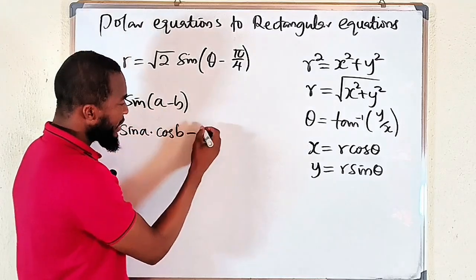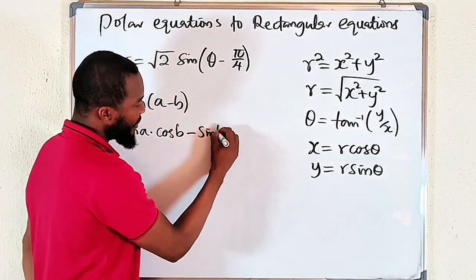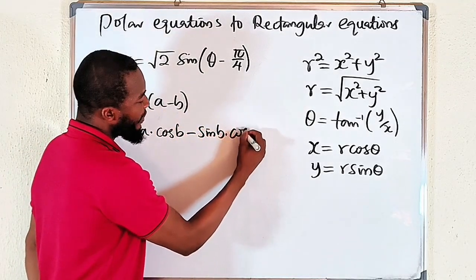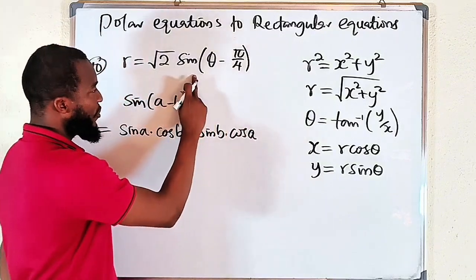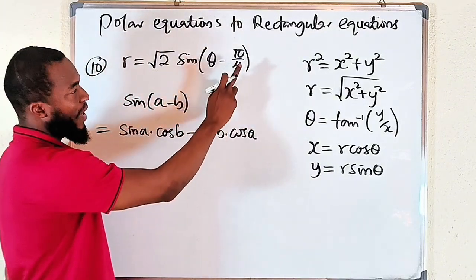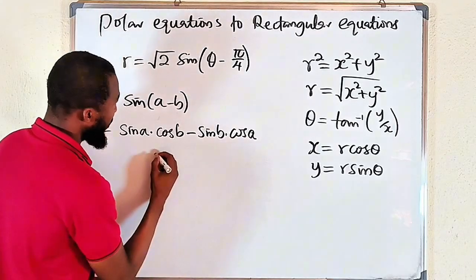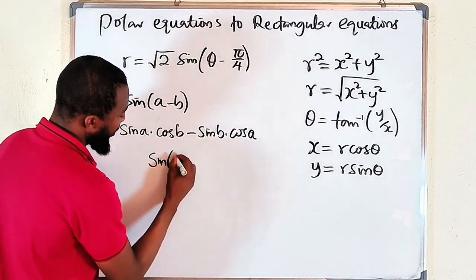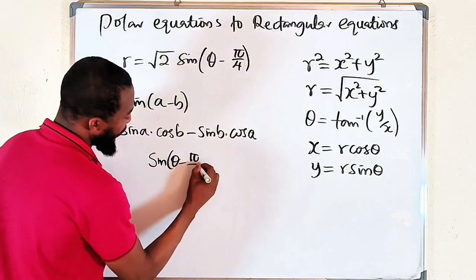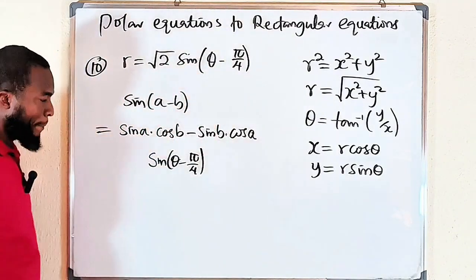This time around, sine of the second angle, b, multiplied by cosine of the first angle, a. So where a is theta and b is pi over 4. So I would like to break down sine of theta minus pi over 4 before we plug it back.